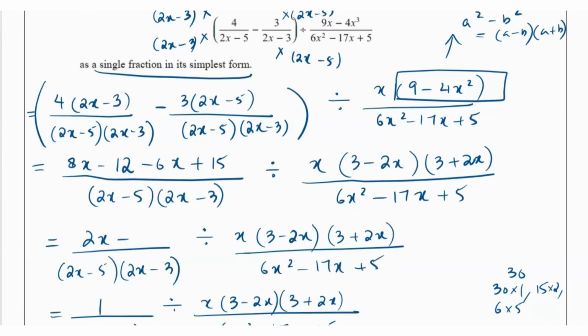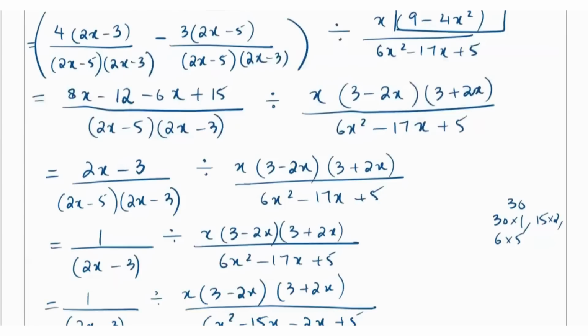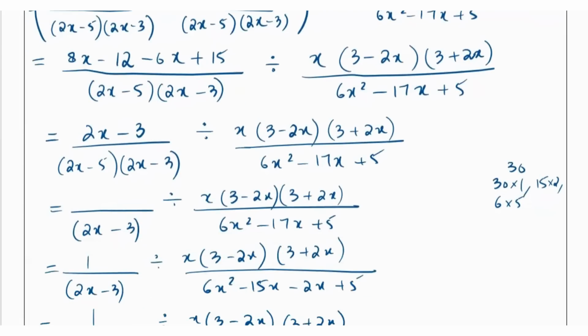So let me fix that. So that leaves us with x minus 3 over here. Plus 3 over here, sorry. Plus 3. And this is going to be 2x minus 5 times 2x minus 3.